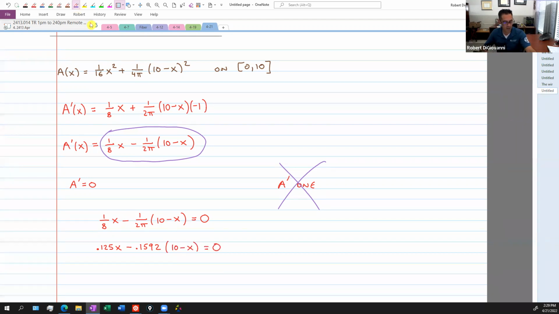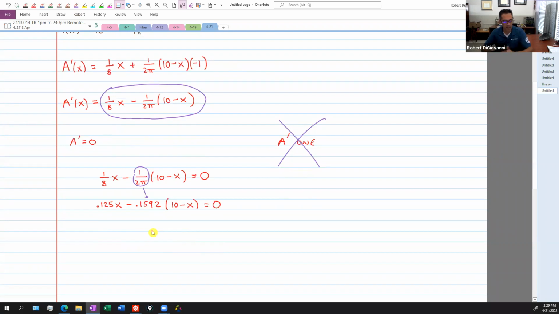All I did there was convert this to that. Now I'm going to distribute it through. So I get 0.125x minus 1.592 plus 0.1592x equals 0.